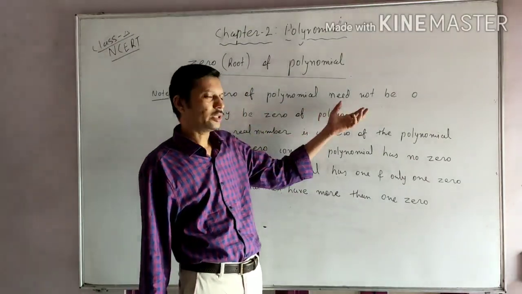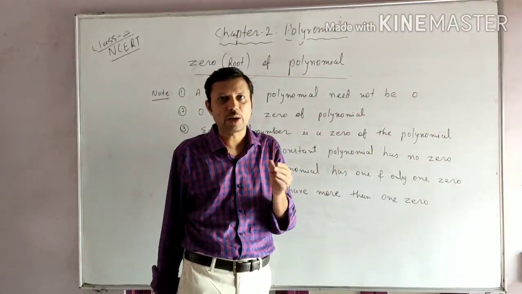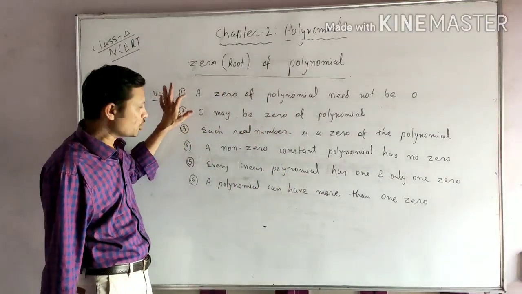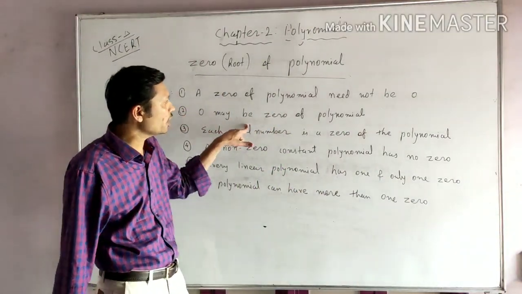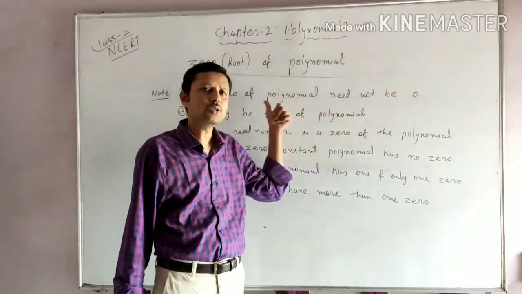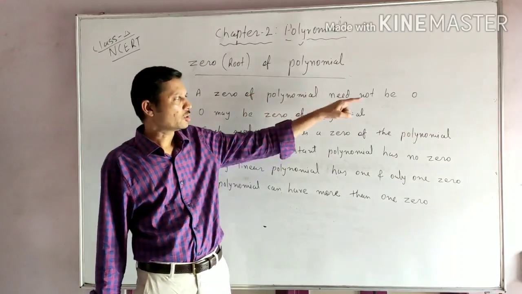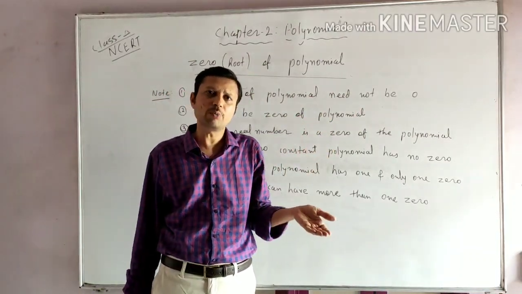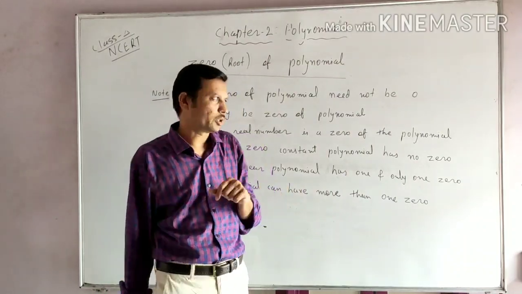So maybe it happens, maybe not. Second point reflects the first point: 0 may be a zero of a polynomial, but need not be. That means it may be a zero of the polynomial, it may not be.